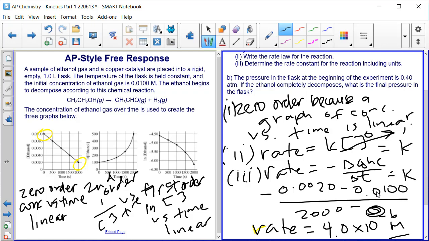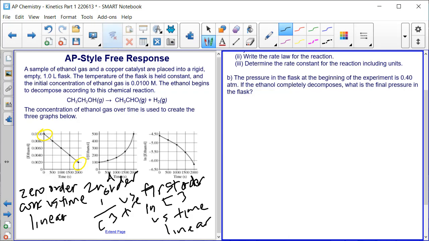Okay. So I'm going to clear the text so I have some room to write. We can use what we know about the ideal gas law and the combined gas law from previous units to remind us that pressure is directly proportional to the number of moles. Okay, and so if we're in a rigid container whose volume is held constant, then we can look at what happens to the number of moles.